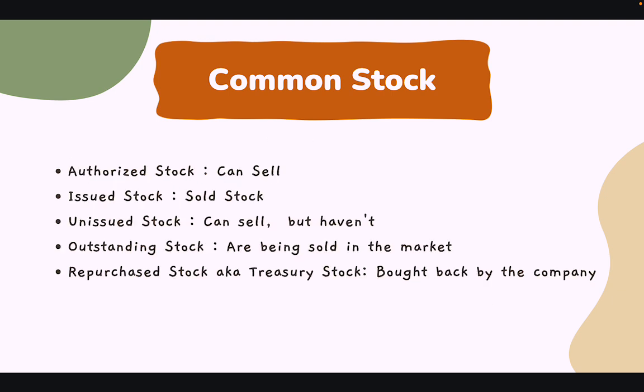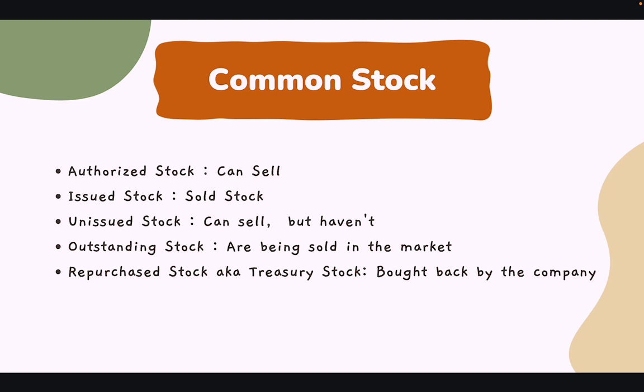When a company creates stock, they create a number of shares, and that is called the authorized stock. That's how much they make. The issued stock is the amount of the authorized stock that is actually sold. The unissued portion is the authorized stock that they have not sold yet.